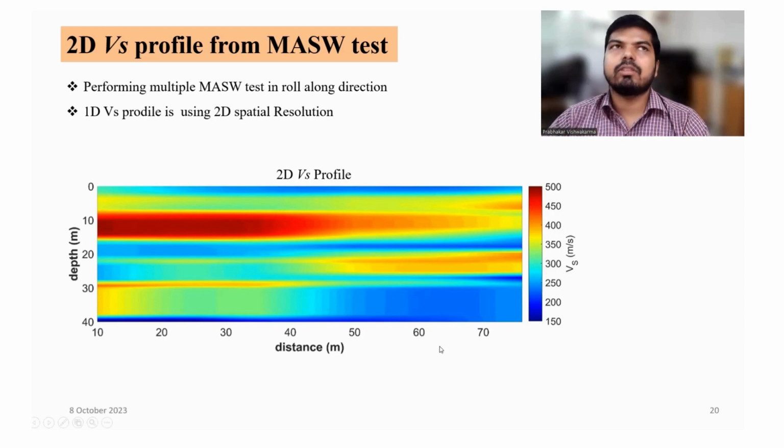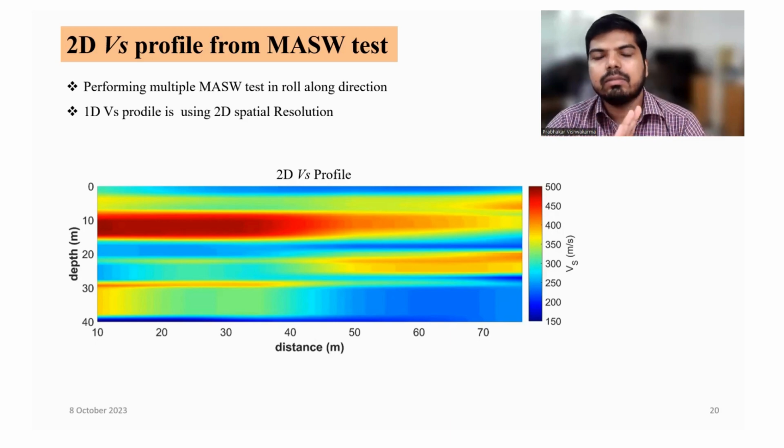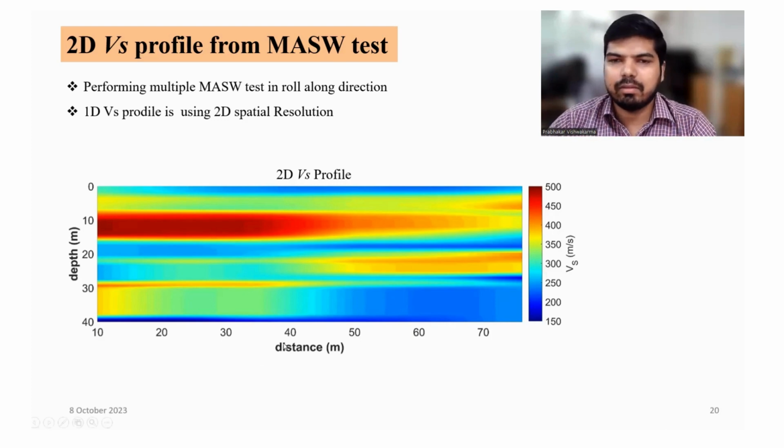Suppose you have performed your test on the earth surface, how does the soil stratification vary along the depth? If you cut the earth, how would the soil variation look? That is the 2D shear velocity profile.